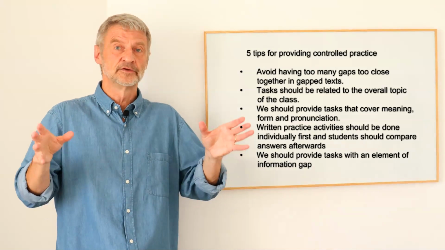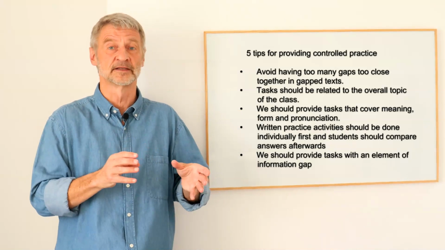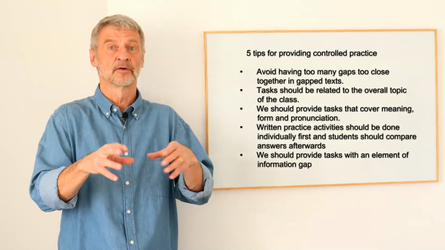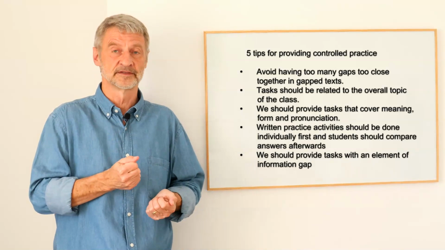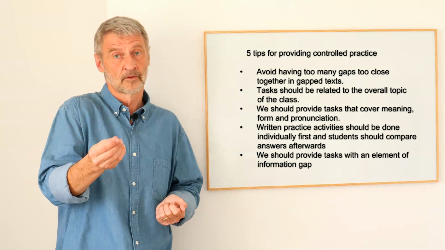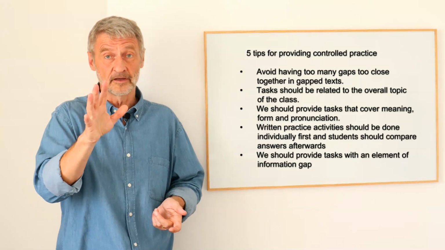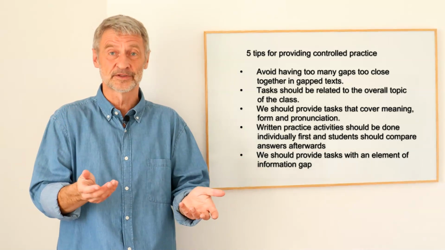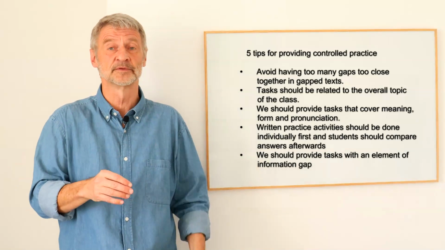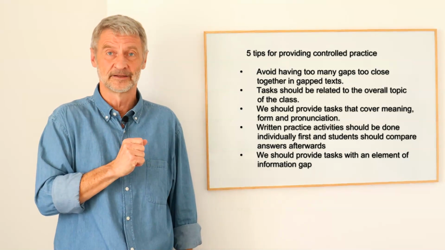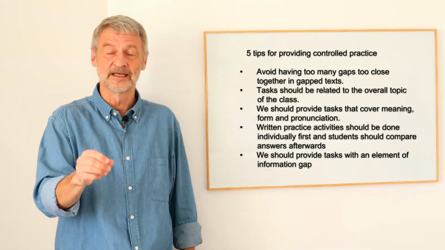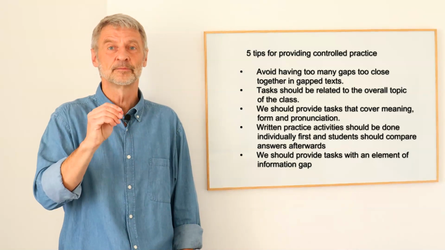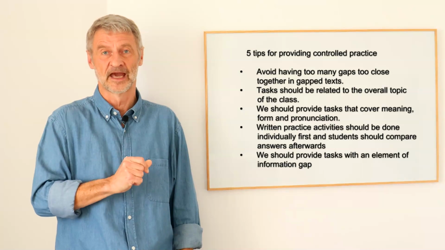After that, you should put them in pairs to compare answers, so there could be an element of peer teaching, and also so that they can gain more confidence in their answers before the class feedback. And thirdly, this provides an opportunity for the teacher to monitor what's going on, to see where the problems were in understanding the grammar. And lastly, when doing oral control practice, try to provide for an information gap so that the communication becomes purposeful.